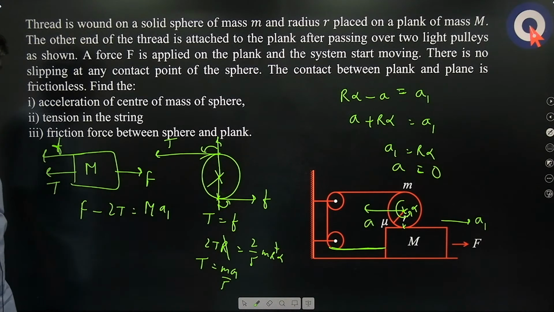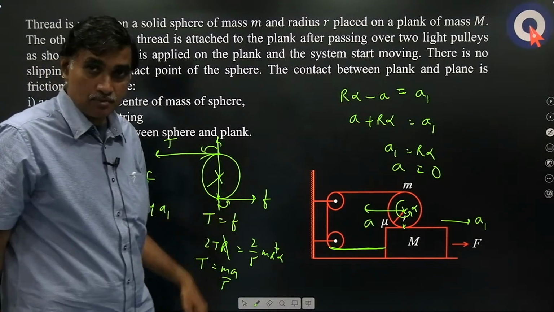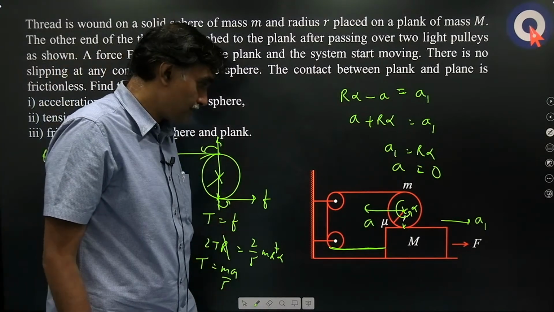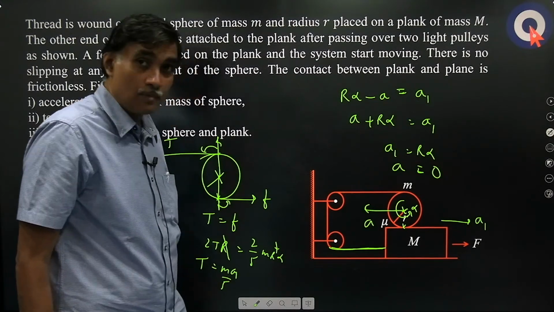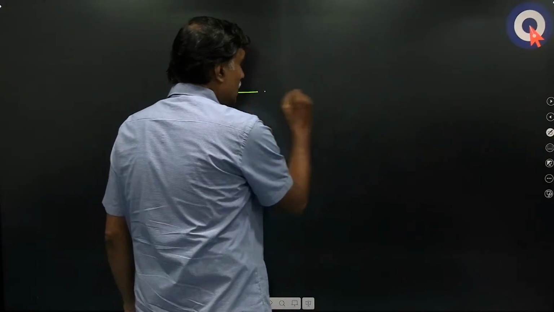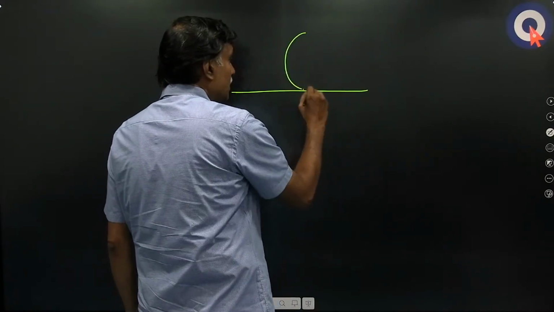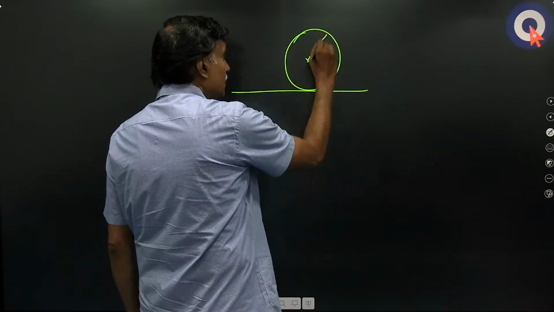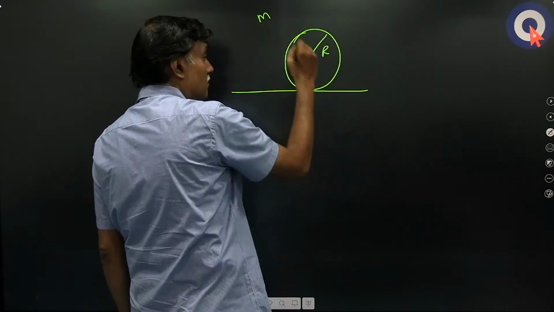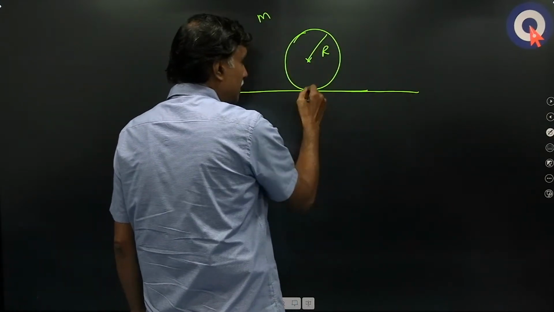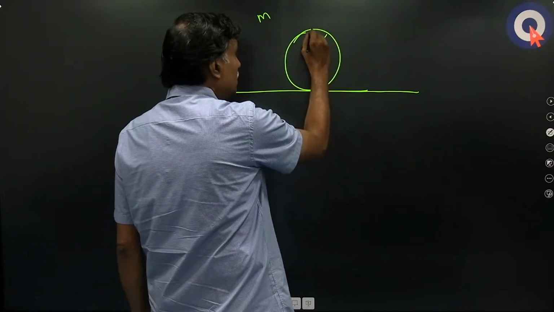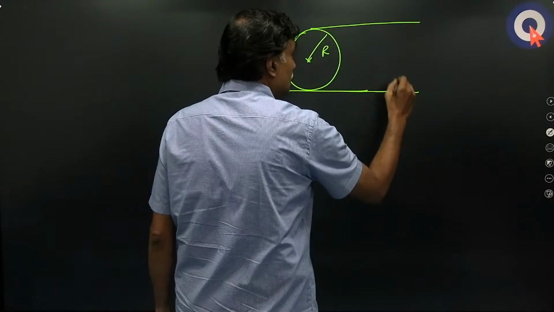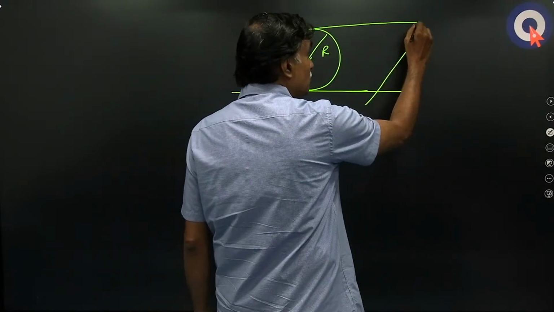Such questions you can do by energy method also. For example, if I give one more question like this, let us say this is a hollow sphere I will take, radius r, mass m, and here friction is there sufficient to make it roll, and this is a string and this is a pulley.